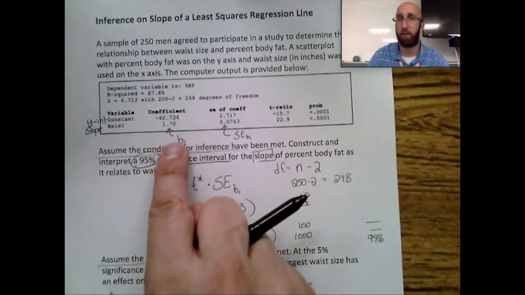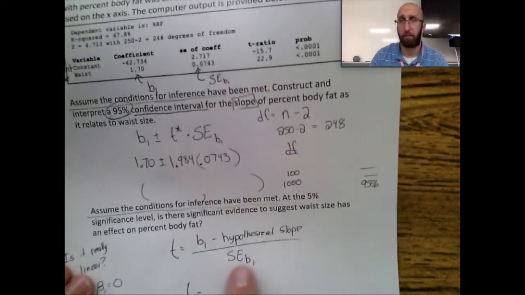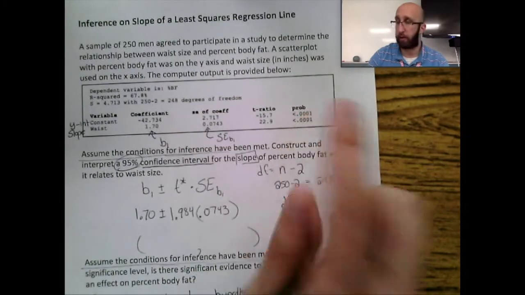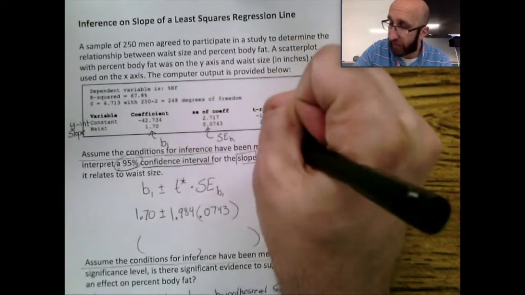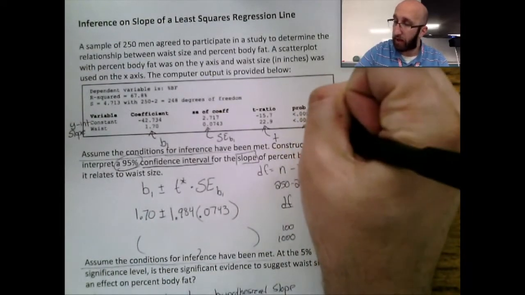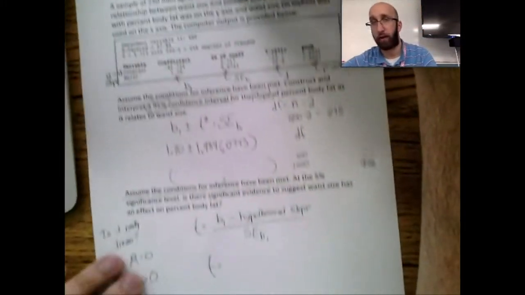If you look up top, in that same row of slope, there is b1. That is my slope. That's my standard error of my slope. So I could definitely take those and plug them in. But if you look here, it says t ratio and probability. This is the t-score for a hypothesis test on that slope. And this is a p-value for that as well.